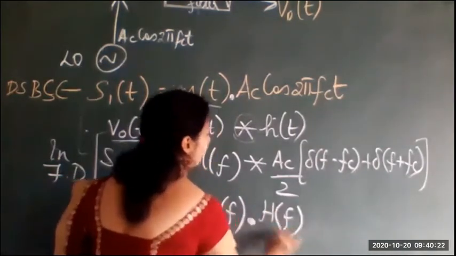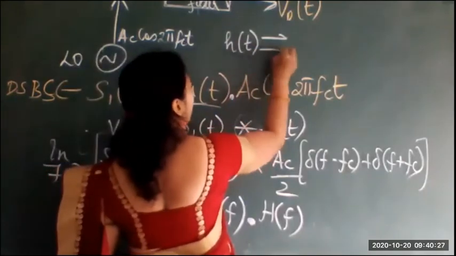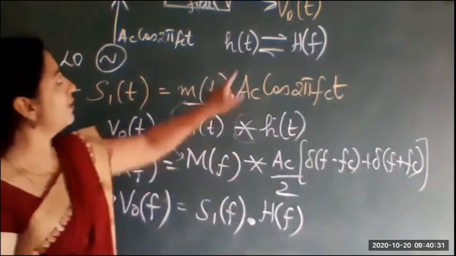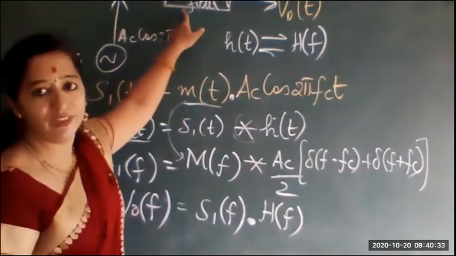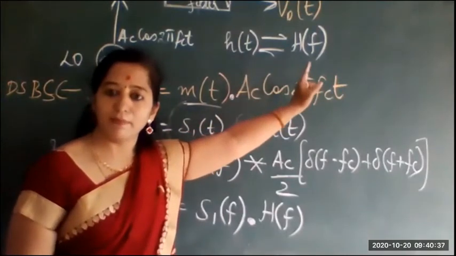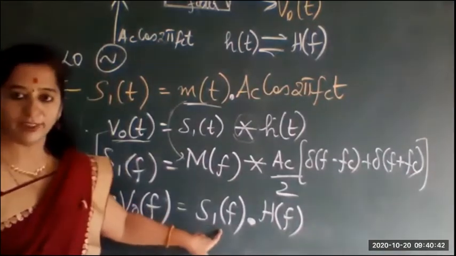They are always interchanged. A product in time domain becomes convolution in frequency domain. H of t and H of f are Fourier transform pairs. H of t represents the impulse response of this filter, so in frequency domain, it is represented by H of f. So this would be the equation.